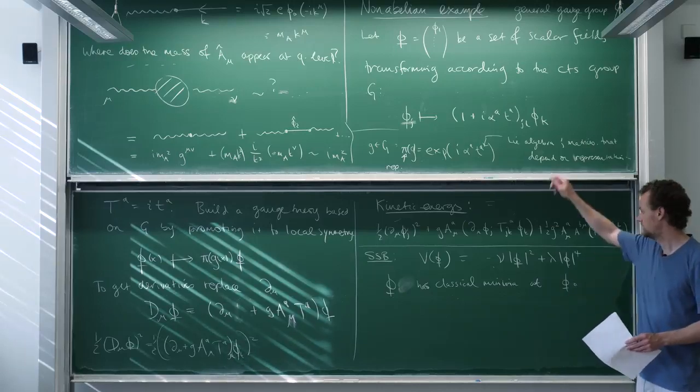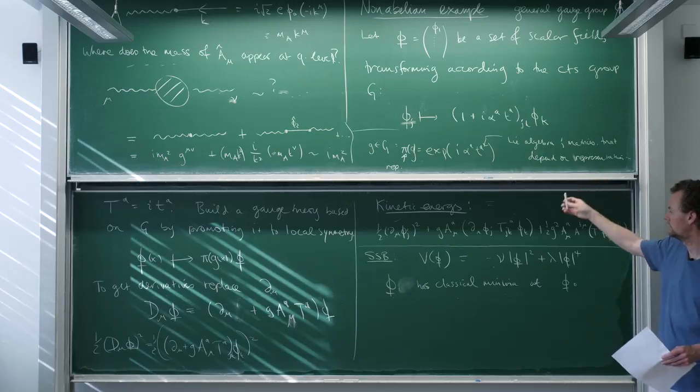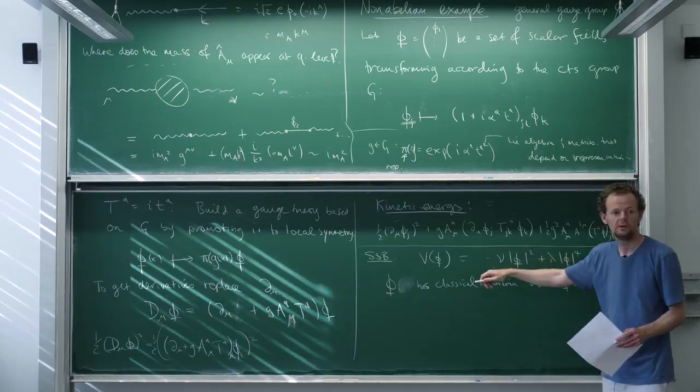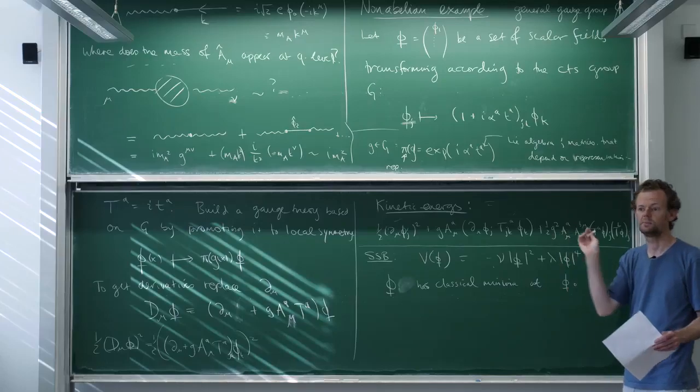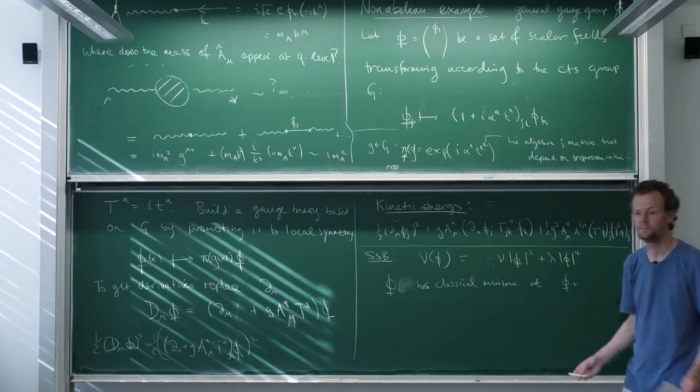And this is just the wine bottle potential. And the field here just drops down into the circle at the bottom of the wine bottle and gives us that classical minima there.